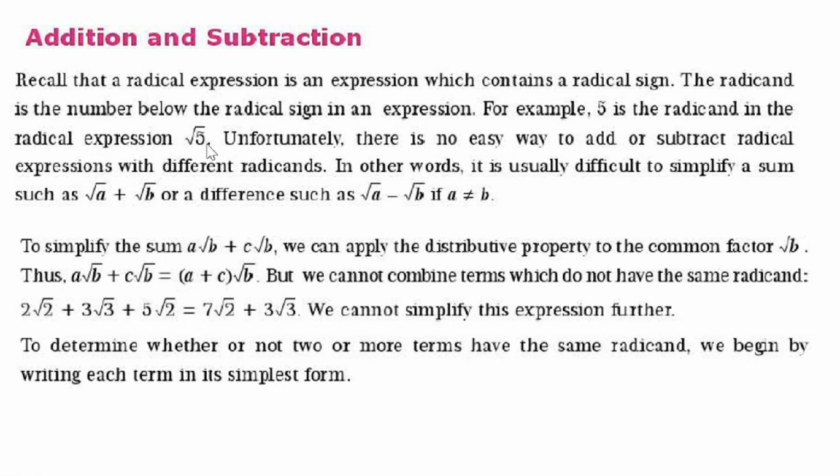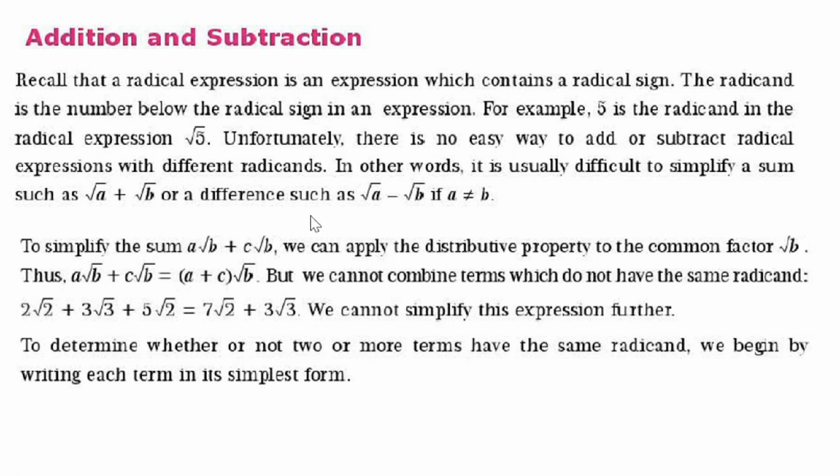Unfortunately, there is no easy way to add or subtract radical expressions with different radicands. So it is usually difficult to simplify a sum such as the square root of a plus the square root of b because the radicands are not the same.